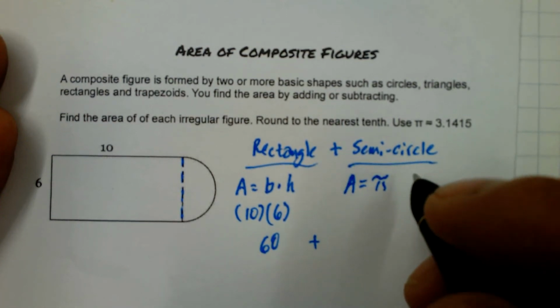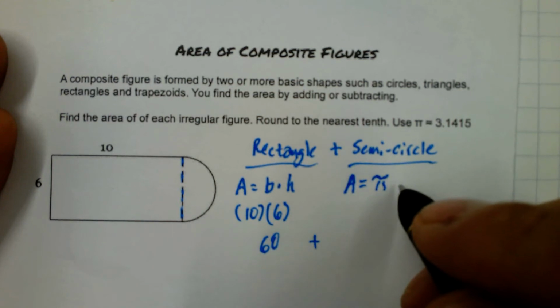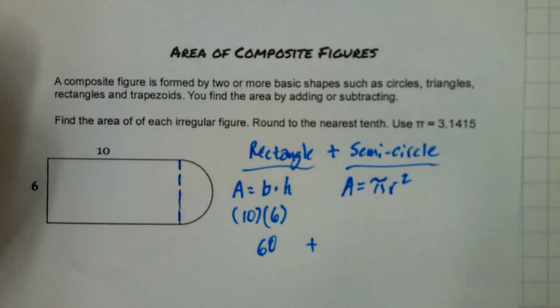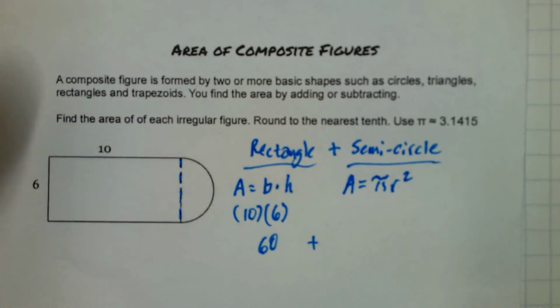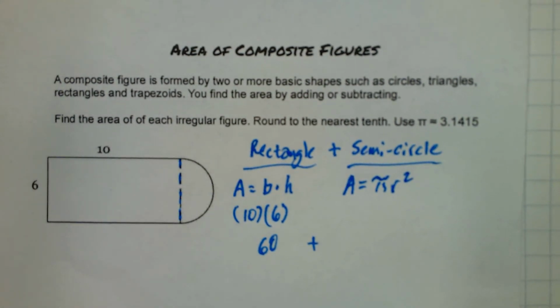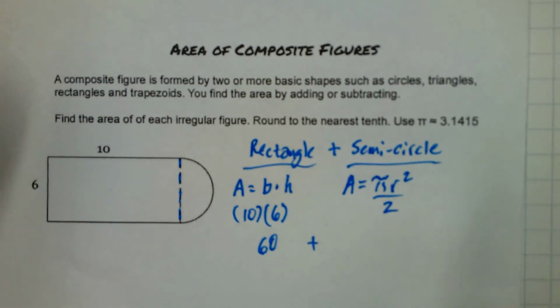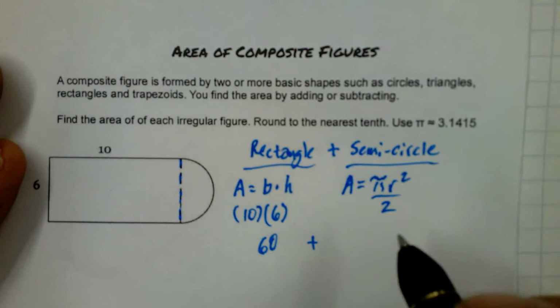It's pi times radius squared. But this is a semicircle, so divided by 2. That's the key. Since we only want half of it, divide your answer by 2.